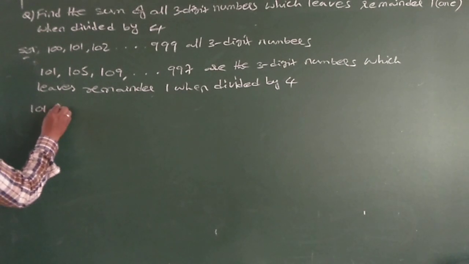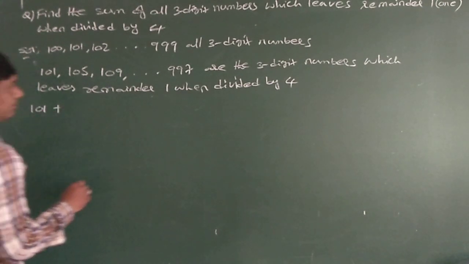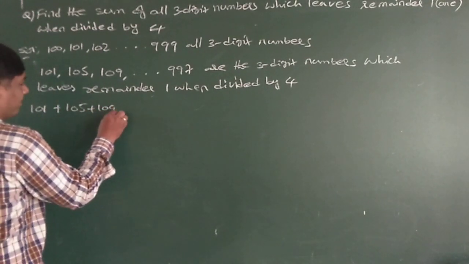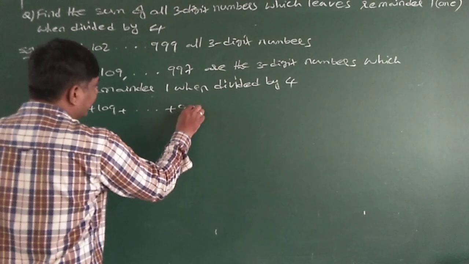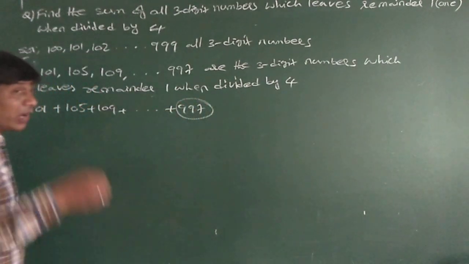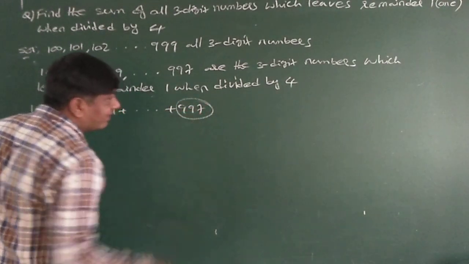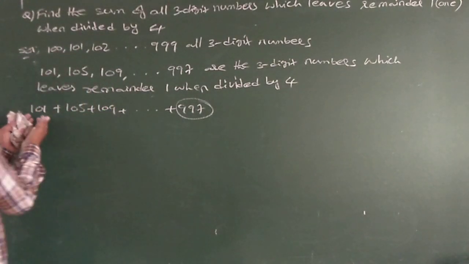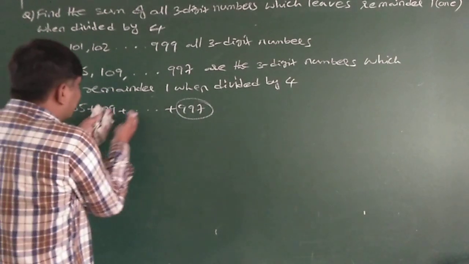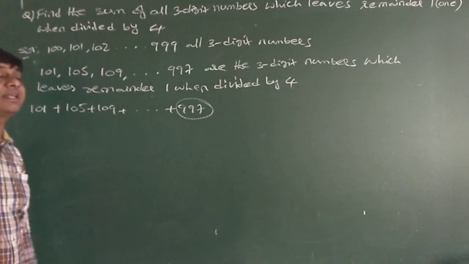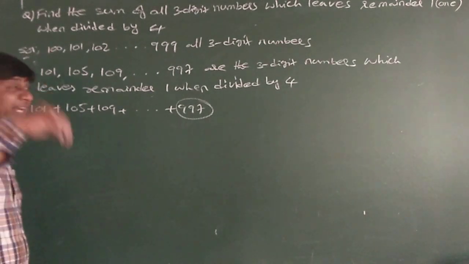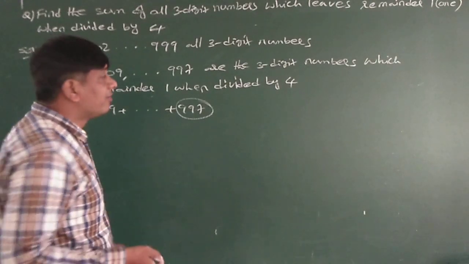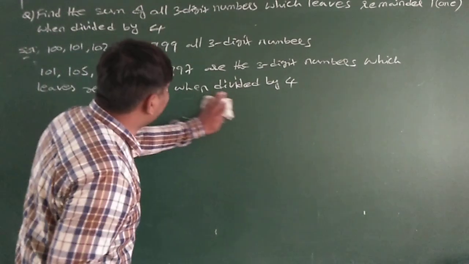Now take these numbers: 101 plus 105 plus 109 and so on, plus 997. I have to find this sum. 100 is not to be added here, so the series is 101, 105, 109 and so on up to 997. But how many terms are there altogether, I don't know. That means the n value I don't know, so first find out the n value.